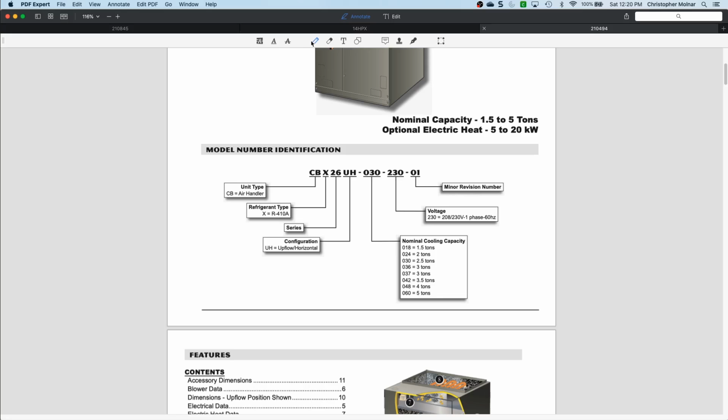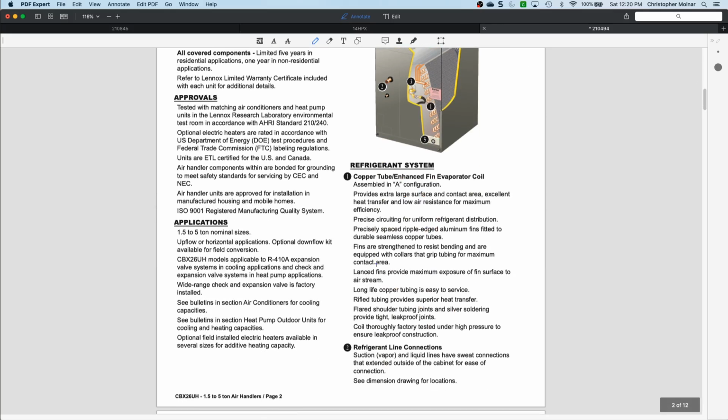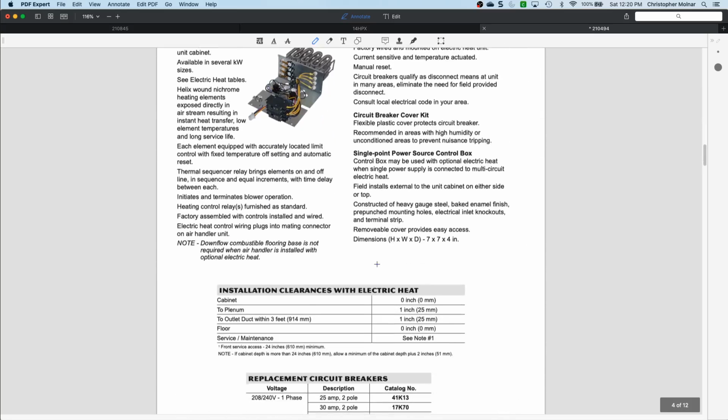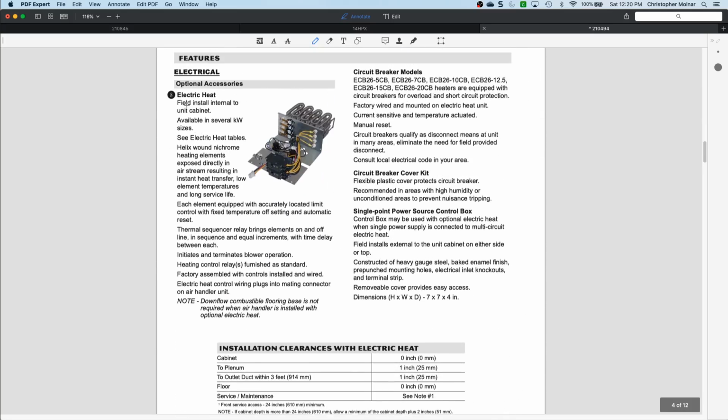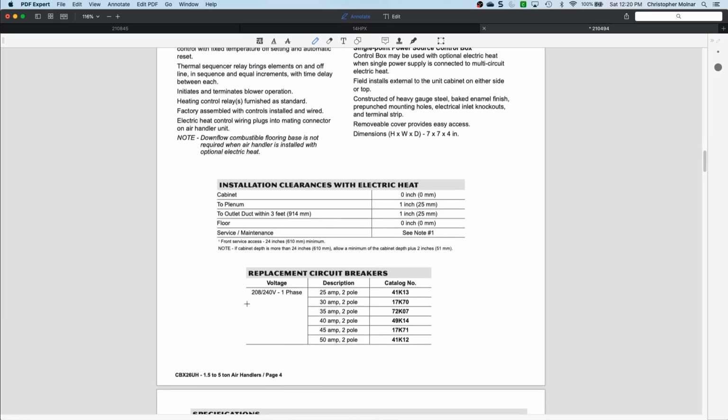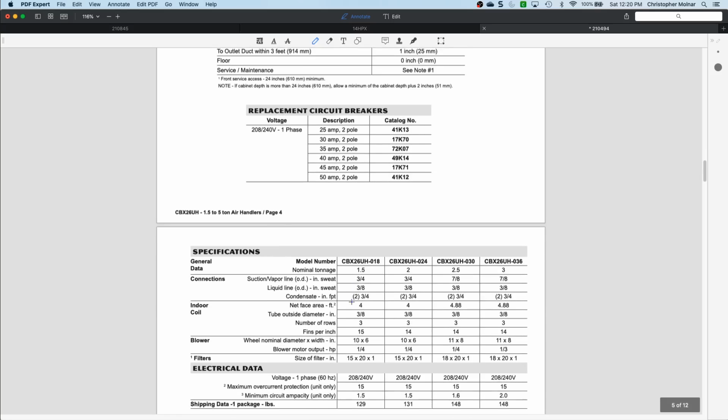Here we can look and see what the model numbers are, and the cooling capacity. They always put that on the front. Then as you go through here, it tells you optional accessories like electric heat, and designs for replacement circuit breakers.